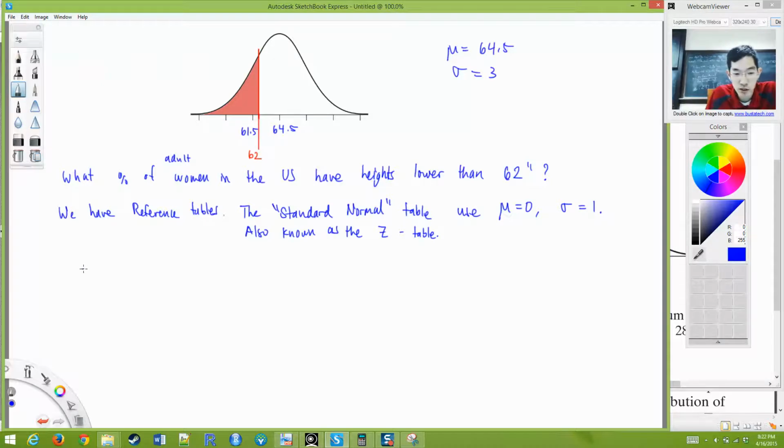Okay? And so a z-score is the number of standard deviations, or the distance from the mean expressed in standard deviations.